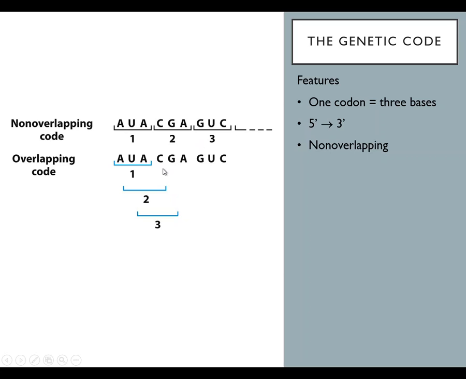As opposed to an overlapping code, so this would be what an overlapping code might look like, where the first codon here would be AUA, and the second codon would start with the second base, where the second codon would then be UAC, and the third codon would be ACG, and so on. It perhaps could have been built that way, but that's not the way the genetic code works. It is a non-overlapping code.